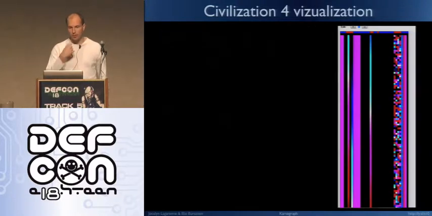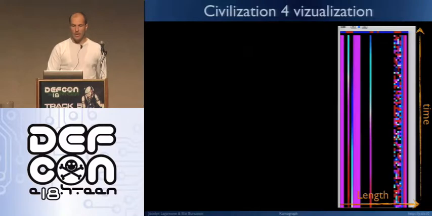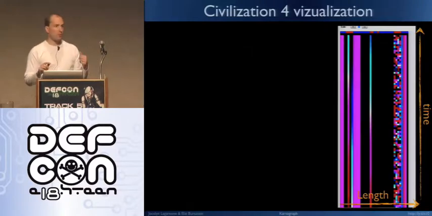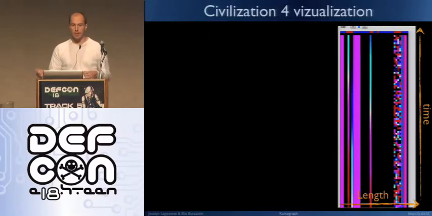A little bit more on the visualization bucket view. So the visualization bucket works like this. On the x-axis, you have the length of the packet. So the rightmost part is the last bit of the packet, and the leftmost part is the first bit. So basically, each block is one different bit of the packet.